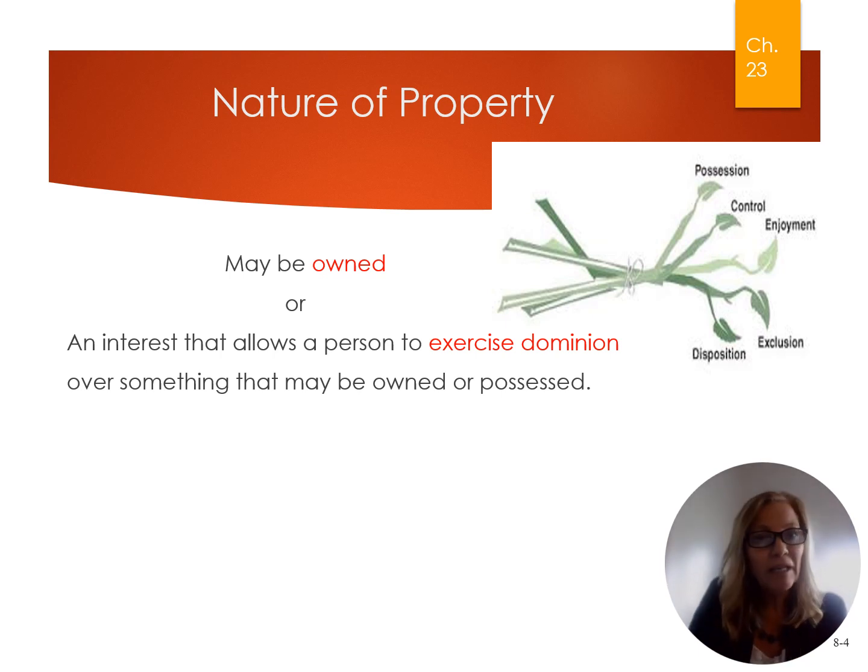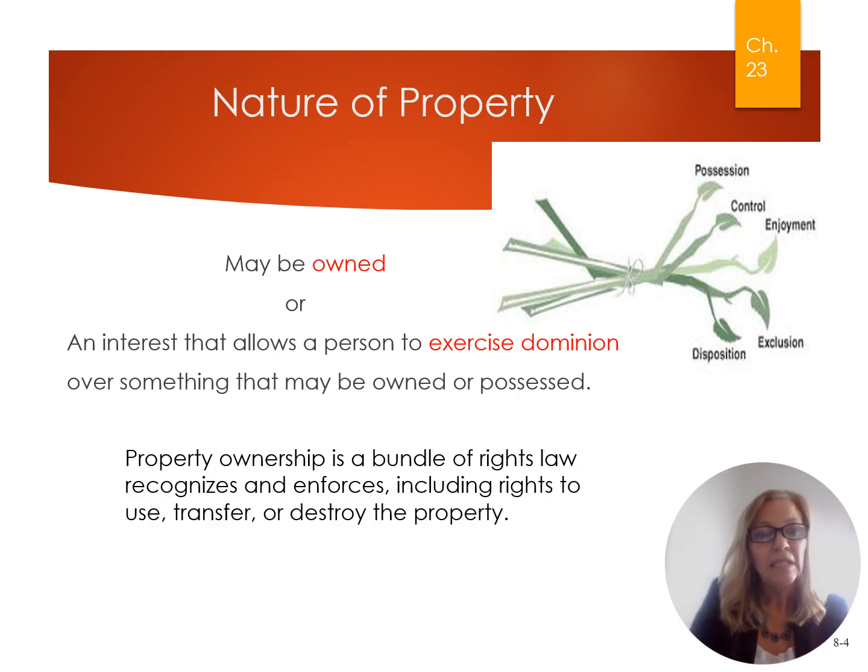So you can own it, or you can also exercise dominion over something that's owned or possessed, which gives you some of these other rights. Property ownership is basically a bundle of rights that allows us to enforce and recognize rights such as use, transfer, destruction, things like that.